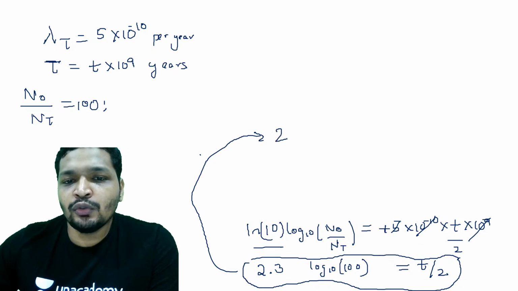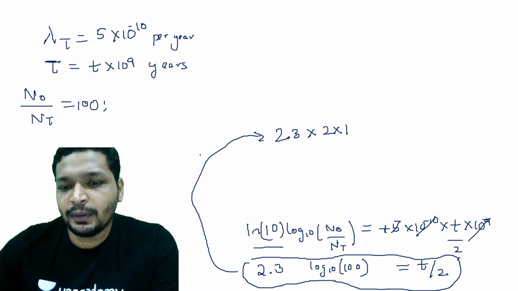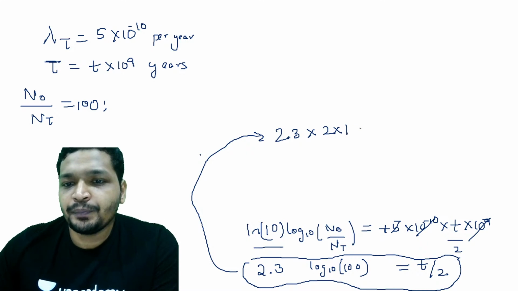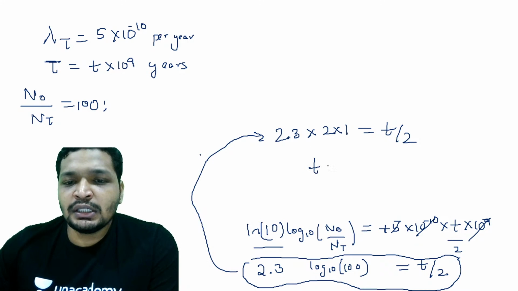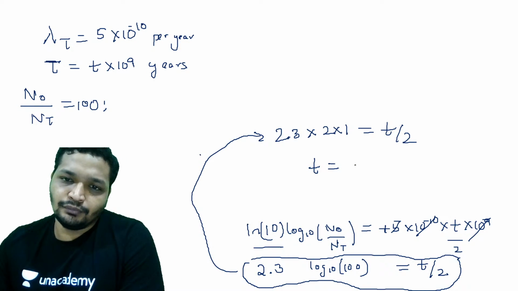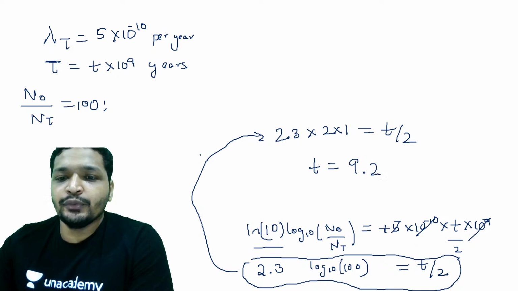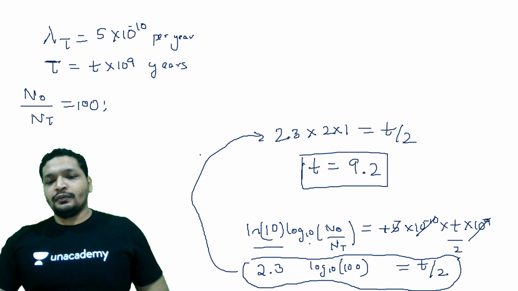That is going to be 2.3 into 2 into 1, 10 to the power 2, okay, is equal to t by 2. How much is t? T is 4 into 2.3. That is going to be 9.2. Alright, that's it.